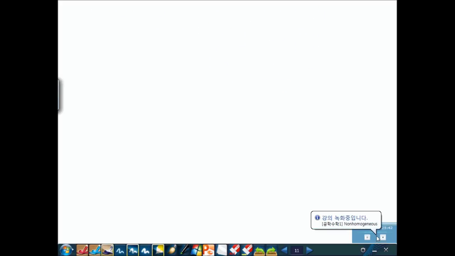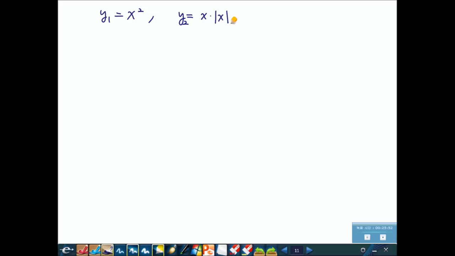So this example, y1 is x squared, y2 is x times the absolute value of x. That's very confusing many times, right? So what is the Wronskian of those two? Are they the same or are they different?